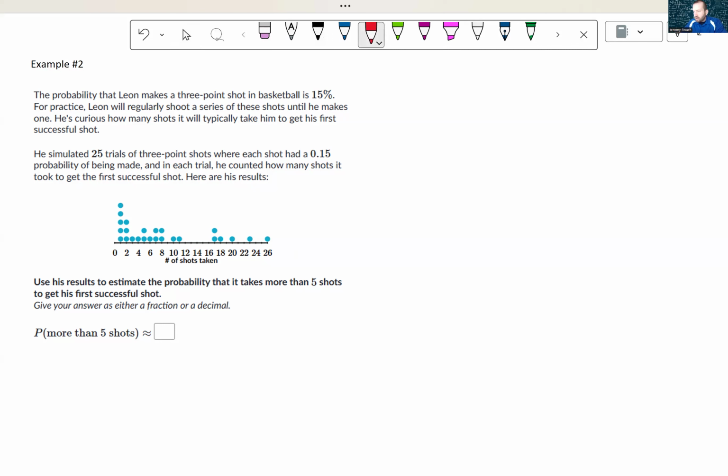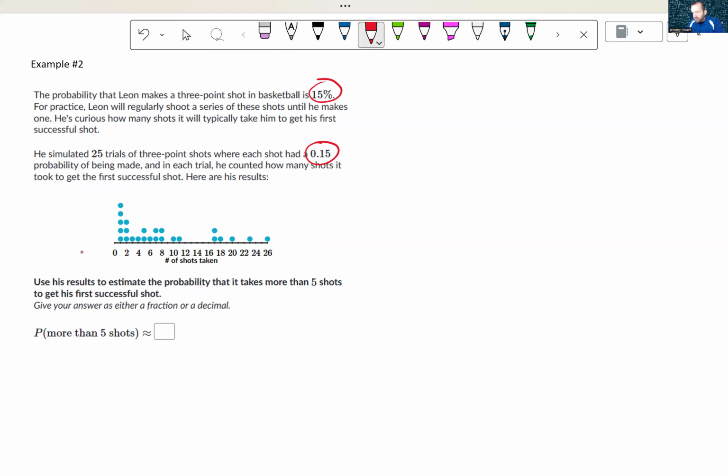The fact that he has a 15% chance of making that shot, I don't think that really determines whether or not he gets a successful shot, because we just want to know the probability that he makes more than 5 shots given this information on the trials that he did.